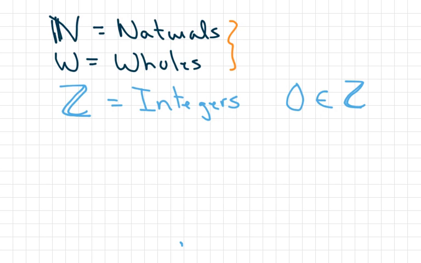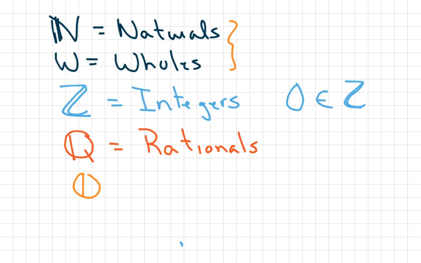Then we have the rationals, or you can say fractions and decimals. Irrationals. Some notations will just call this irrationals with the I. And then we have the complex numbers.